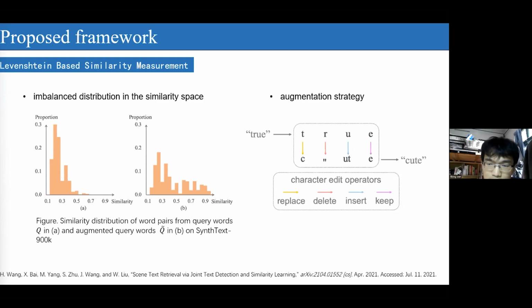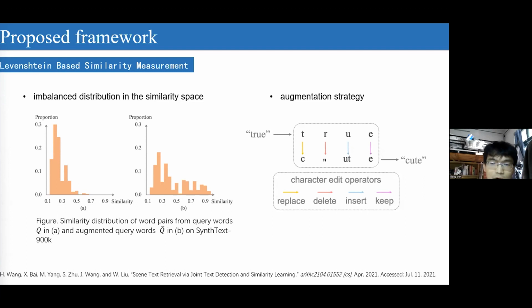Then both the original query words and the pseudo words are fed into the network during the training process. With such an augmentation strategy, the proportion of word pairs with high similarity is greatly enlarged, which addresses the problem brought by the uneven similarity distribution.